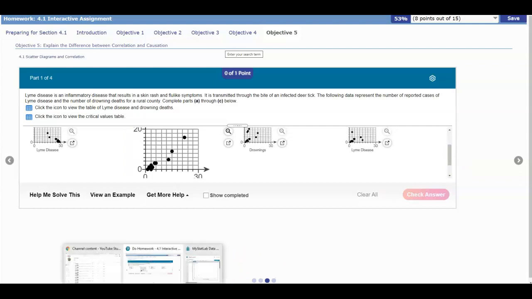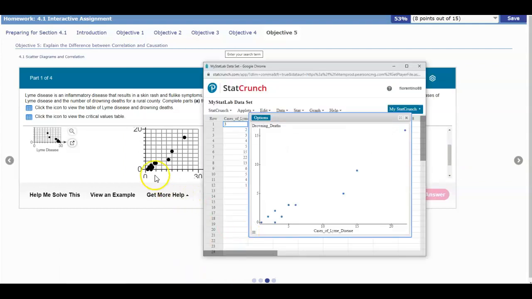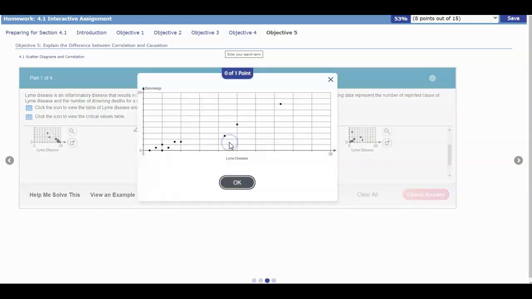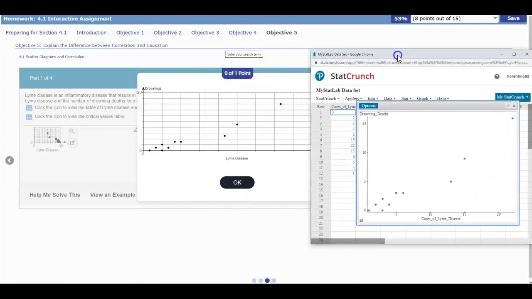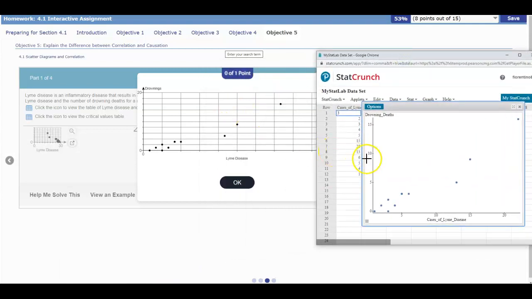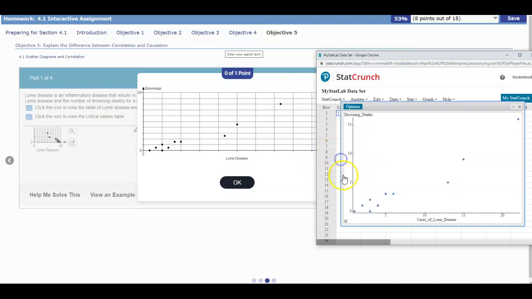It looks like we have 1, 2, 3, 4, 5, 6, 7 points here. So does that match our graph? Well, it's close, and it looks like it could be this.